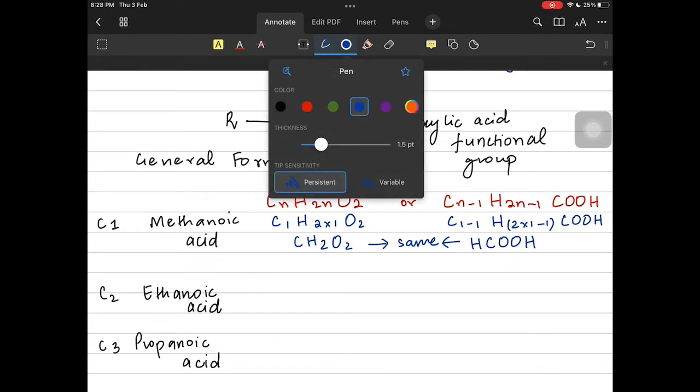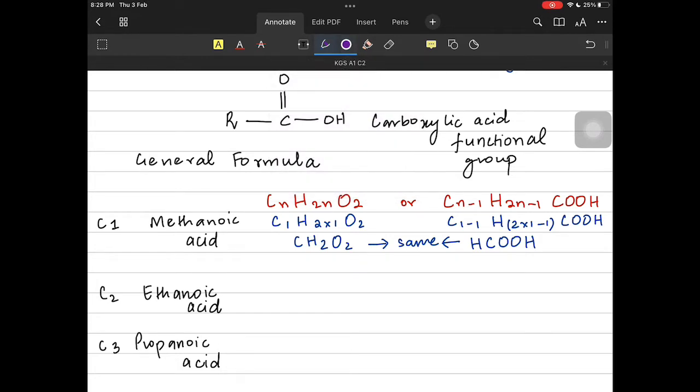Similarly, for ethanoic acid, n is equal to 2. So it becomes carbon 2, hydrogen 2 times 2, then obviously O2. So it becomes C2H4O2.